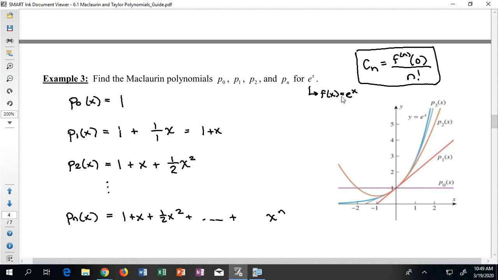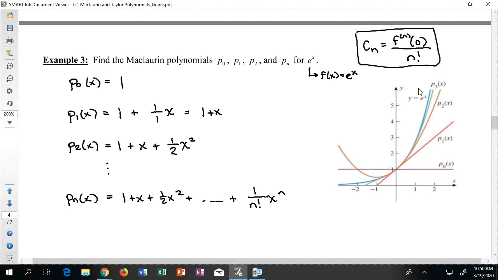No matter what derivative I take of the function e to the x, what is the answer always going to be? Well, yeah, no matter how many derivatives I take, the derivative is just e to the x. So when I plug 0 into any of the derivatives, I always get 1. And then I would just be over n factorial. So this would be the way that I could express this.